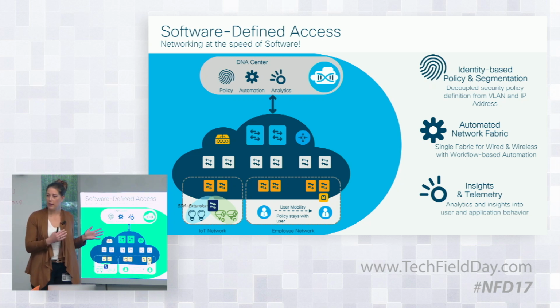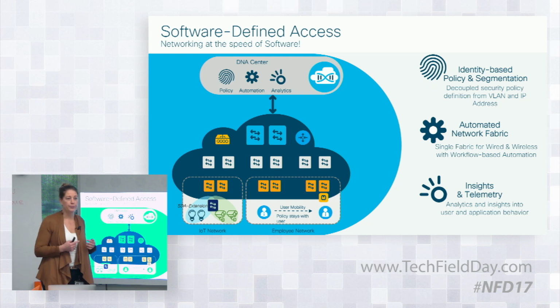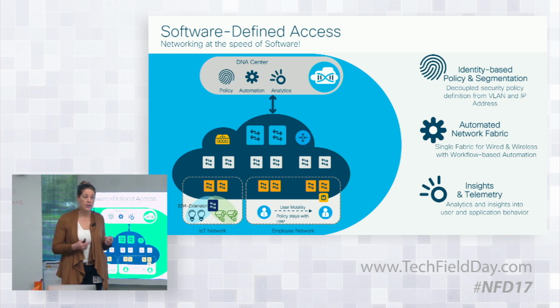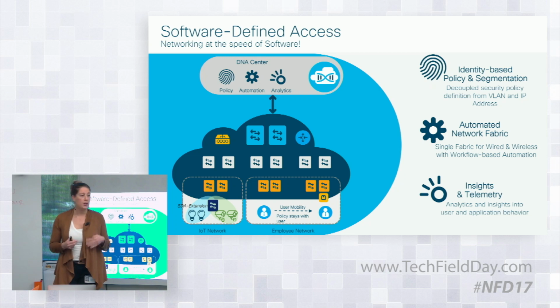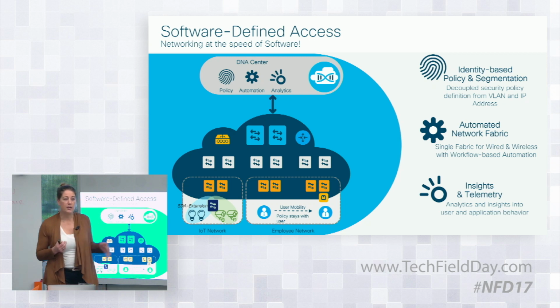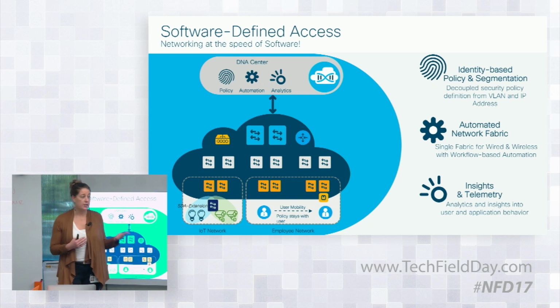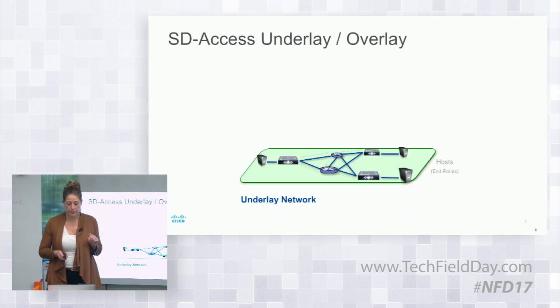You guys know what we've deployed, what we've released last year. We have identity-based segmentation. This is group-based policies, segmentation utilizing VRFs. We're able to automate this through the DNA center that you guys just saw with the GUI. And we're able to get 360-degree views on how the network is doing, how the endpoints are doing, how the clients are doing.